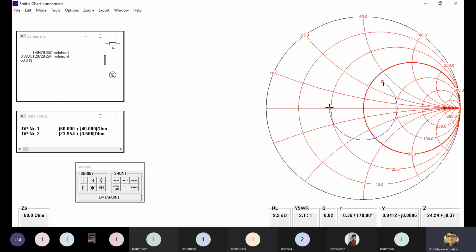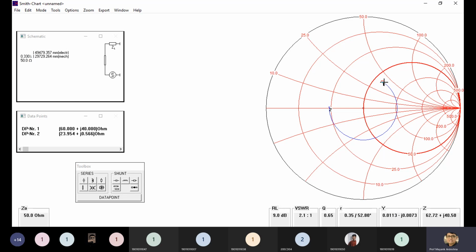This is the way you can find the matching network, and you can also find the return loss, VSWR, Q. Q is the quality factor, R is your reflection coefficient in terms of magnitude and angle, Y is your admittance, and Z is your impedance point.